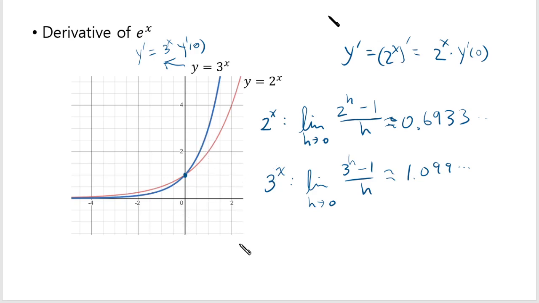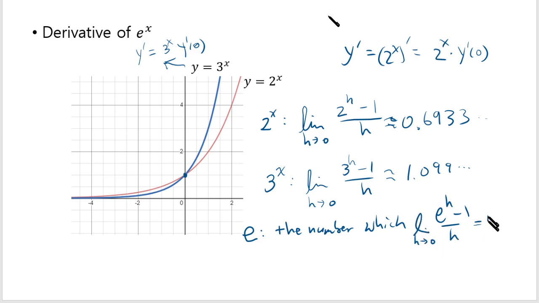So here is what we do. We're going to define e as the number which makes the limit as h goes to 0 of e to the h minus 1 over h equal 1. Now if you recall, the first time you've seen e was when you were doing this in pre-calculus or algebra 2, where you learned bank interest rates, right?